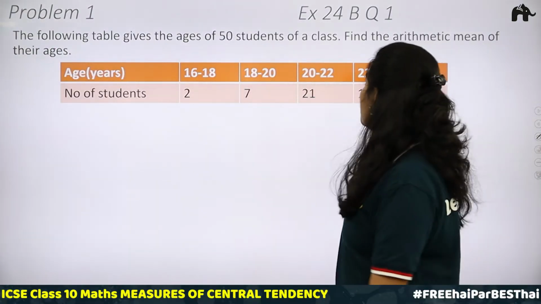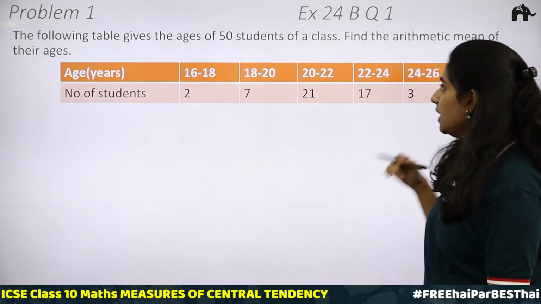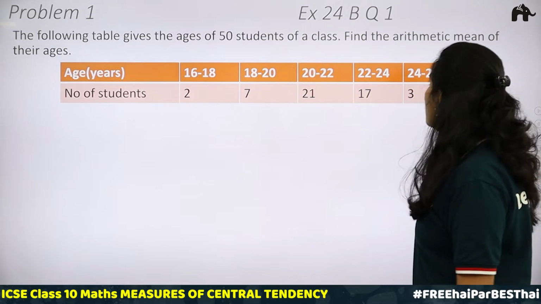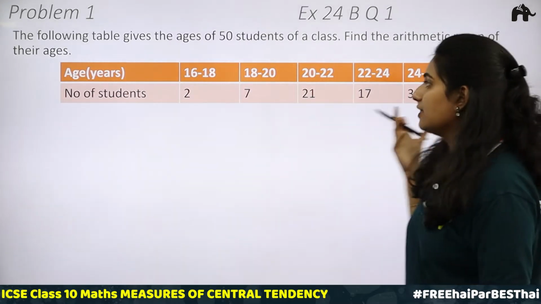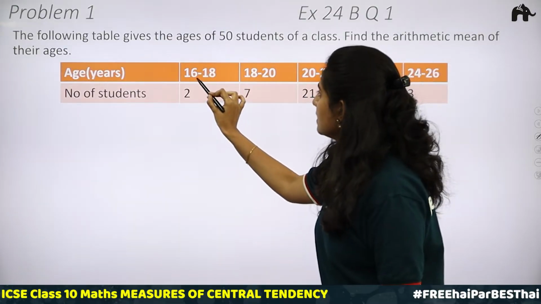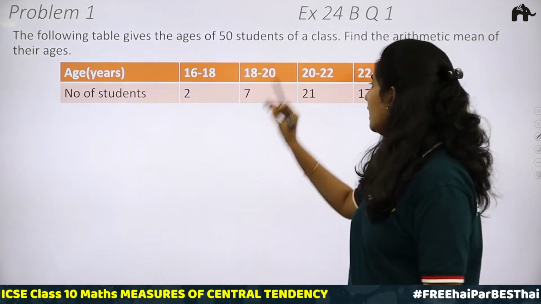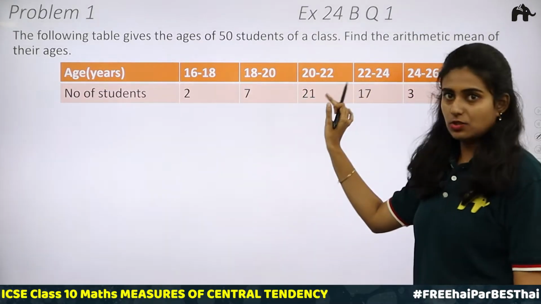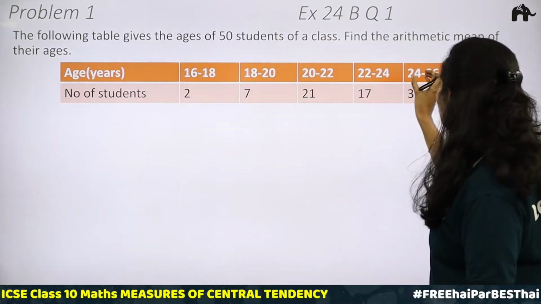Here we have the first problem, question 1 of exercise 24B. The following table gives the ages of 50 students of a class. Find the arithmetic mean of their ages. Okay, so the age groups are given: 16 to 18, 18 to 20, 20 to 22, 22 to 24 and 24 to 26.